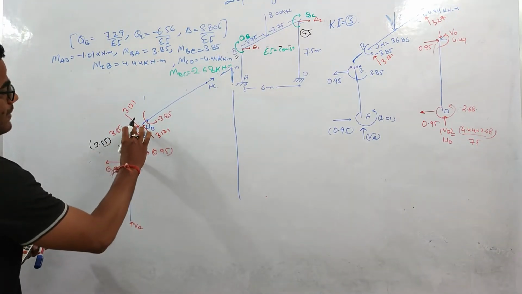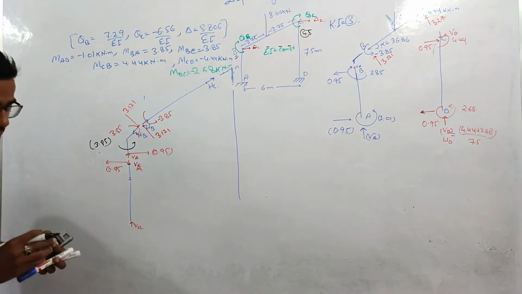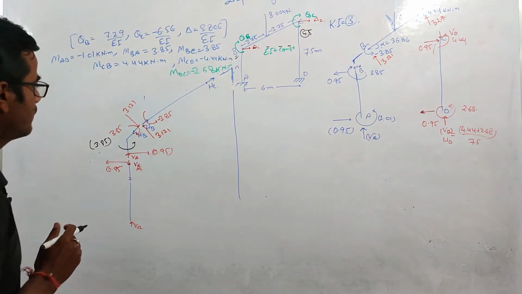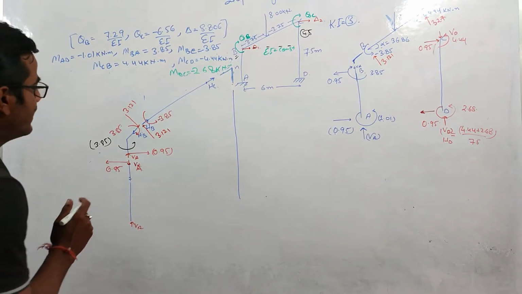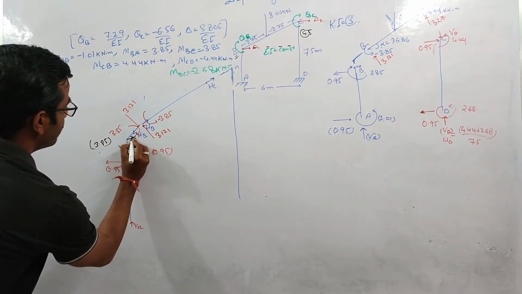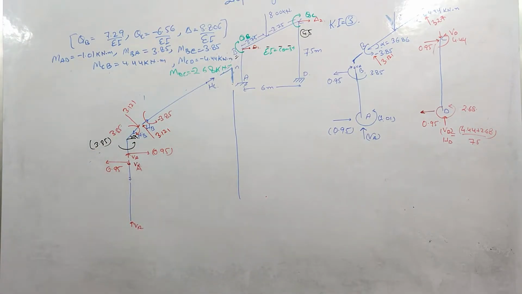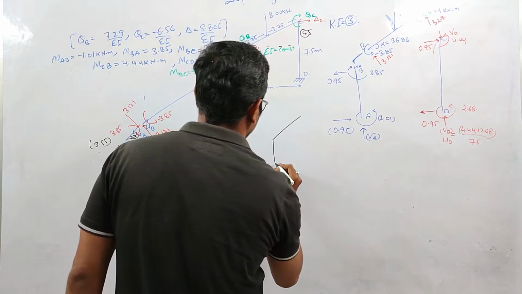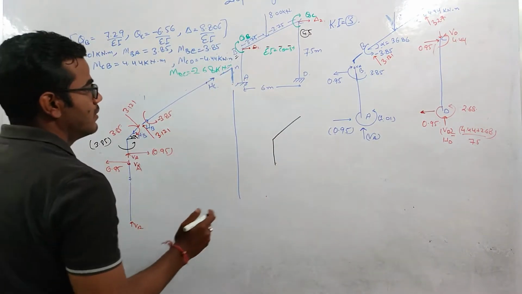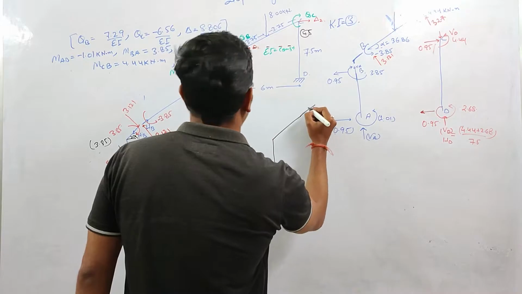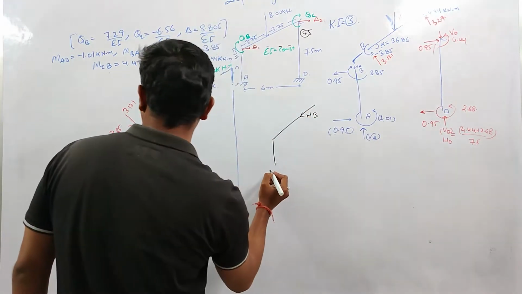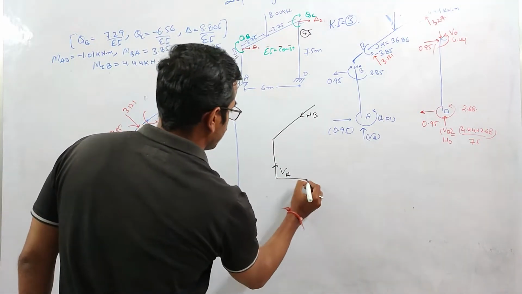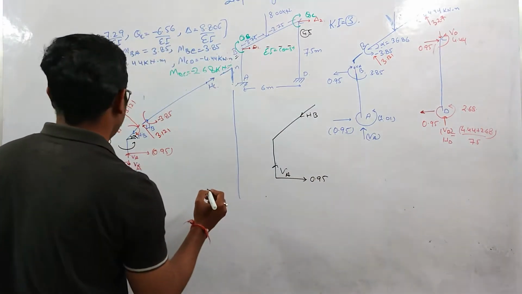Now we'll consider the equilibrium of this portion basically. You can see that this angle is alpha, which we already know. So I can resolve my forces like this. In this portion, there is one HB, one VA, and the 0.95 reaction.